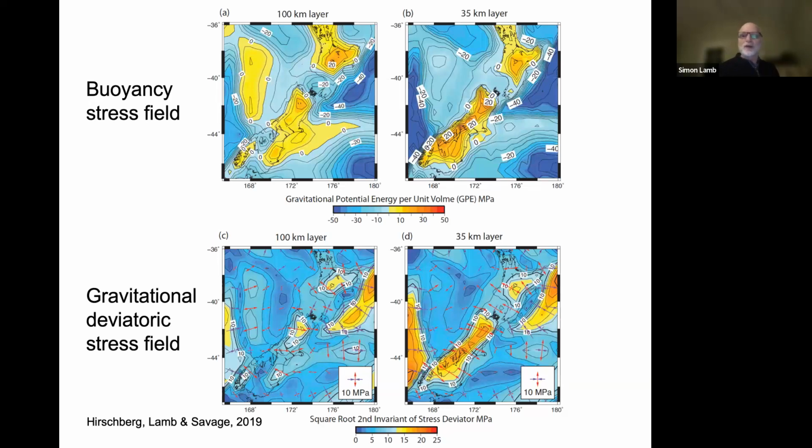So we're basically using gravity as a calibration to work out the magnitude of the stress tensor, given that we know the shape of it, the orientation of it.